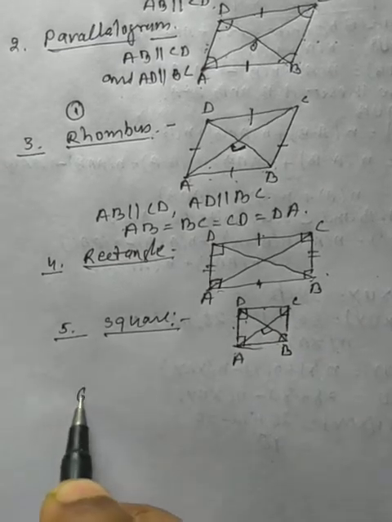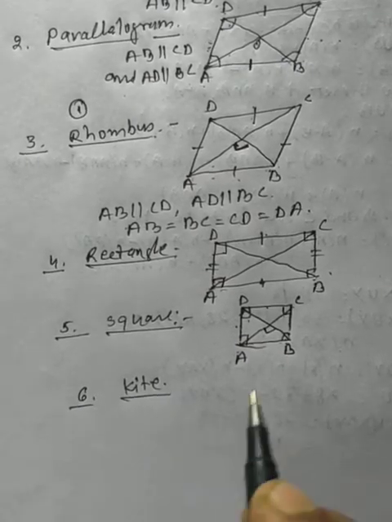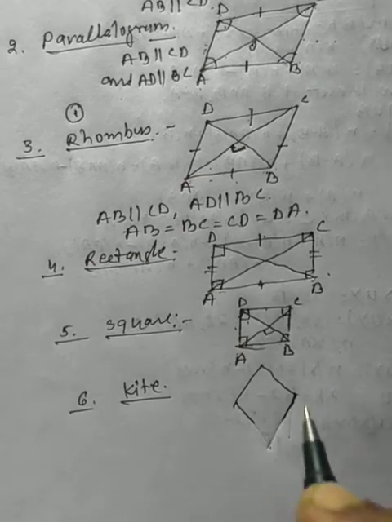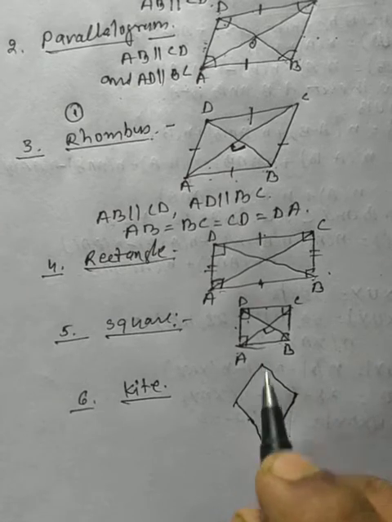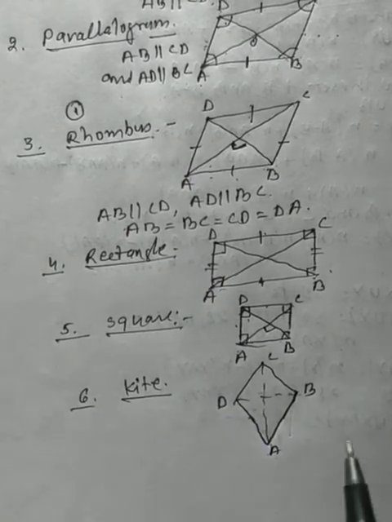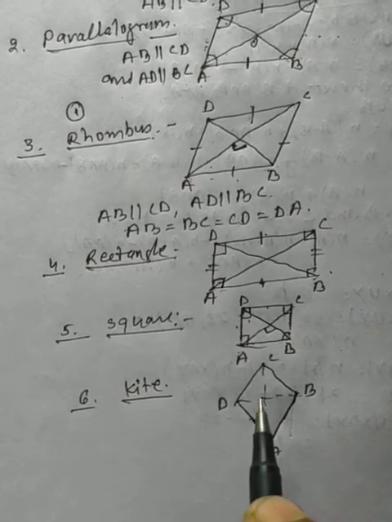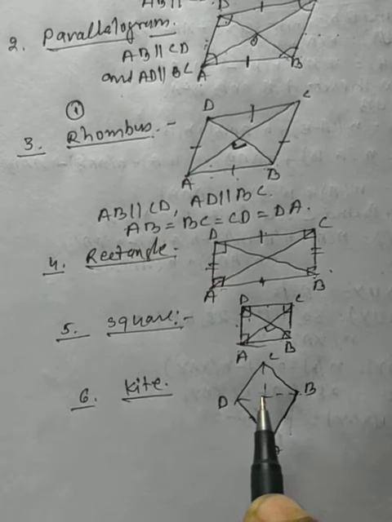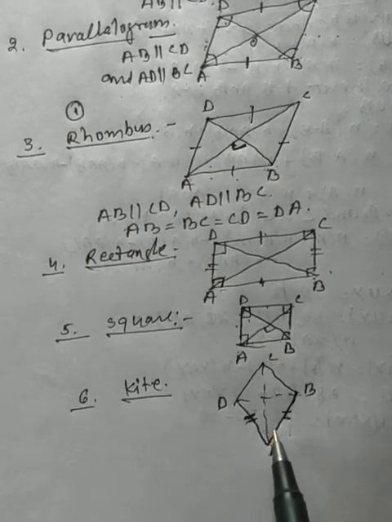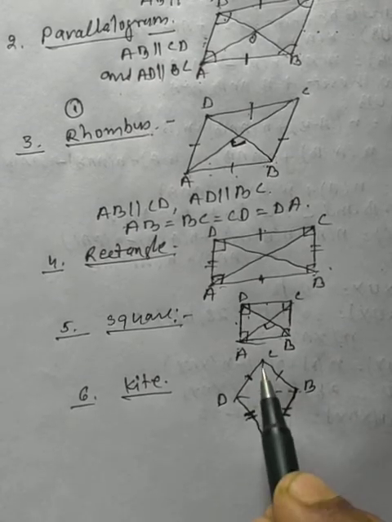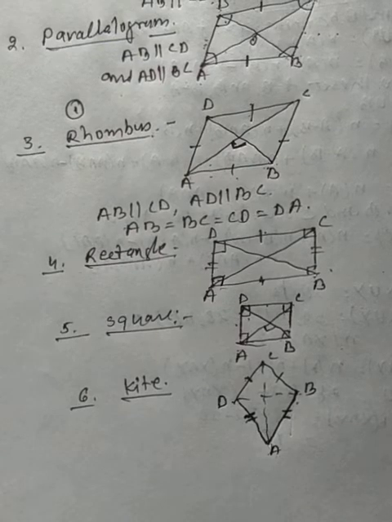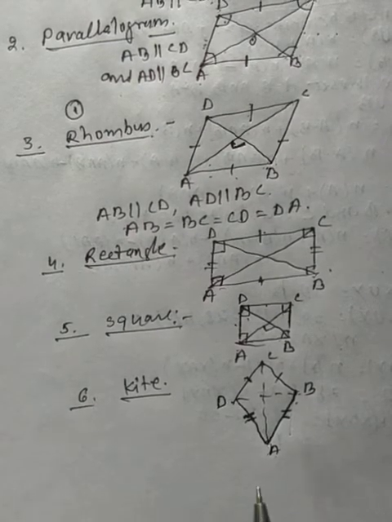Number 6, kite. ABCD, this is a kite. A quadrilateral which has two pairs of equal adjacent sides but unequal opposite sides is called a kite. These two sides are equal. CD is equal to BC and AD is equal to AB.